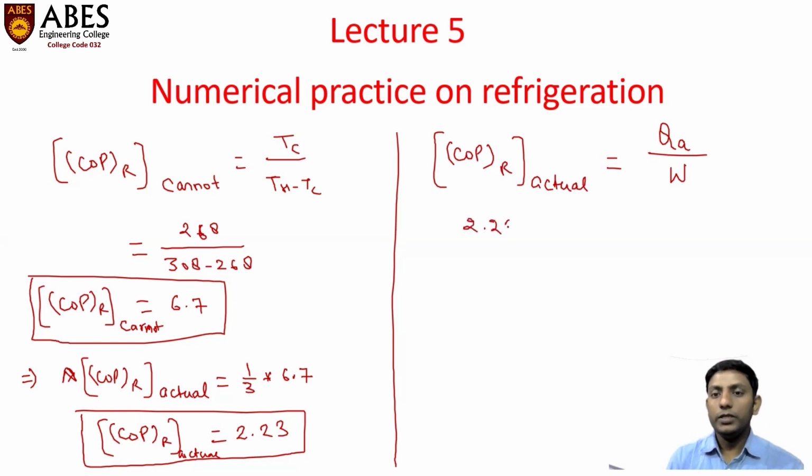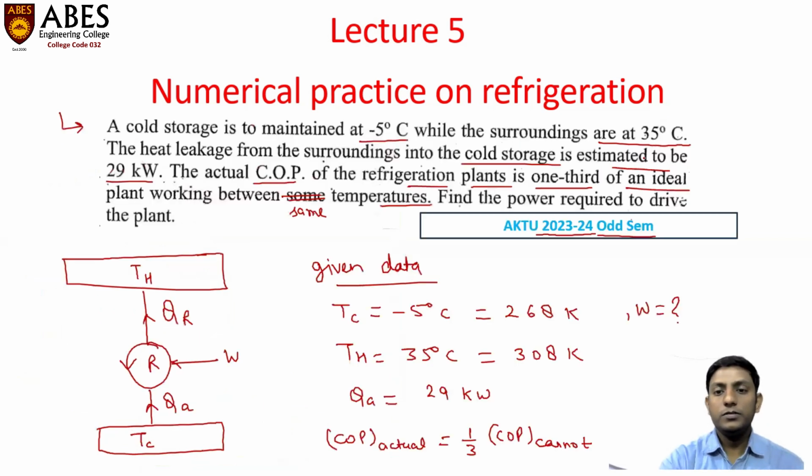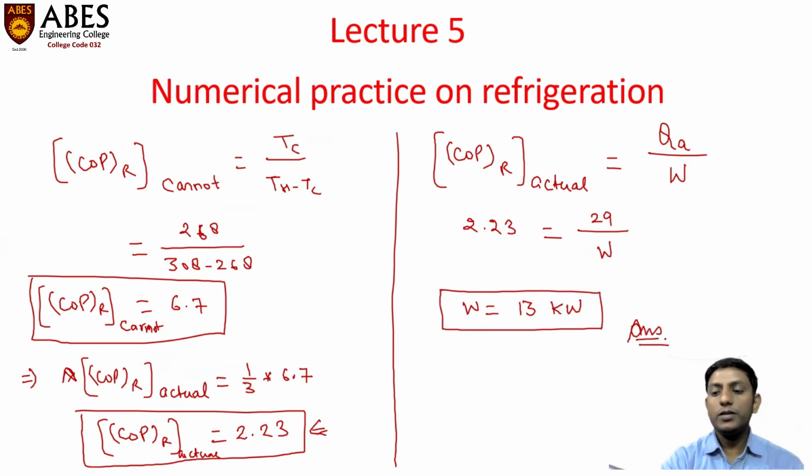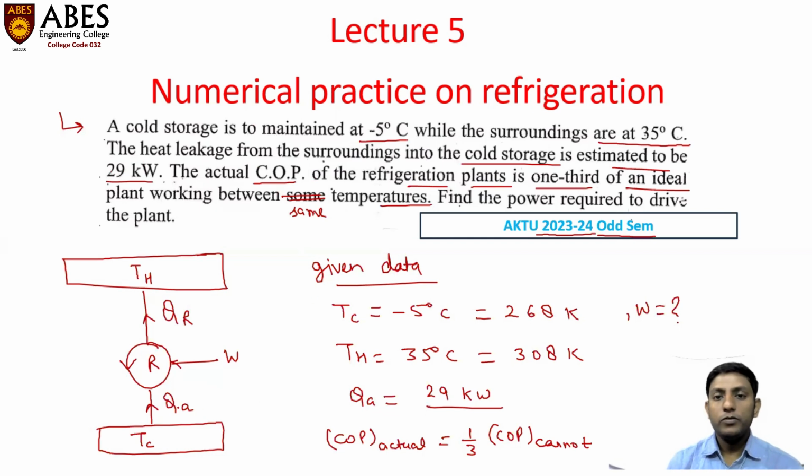So 2.23, as we have calculated here, would be equal to Q absorbed, which was 29 kilowatt, divided by W. So work required will be equal to 29 divided by 2.23. The value turned out to be 13 kilowatt. Which means the refrigerator requires 13 kilowatt of work to pump out this heat, 29 kilowatt, which is leaking into the cold storage system.